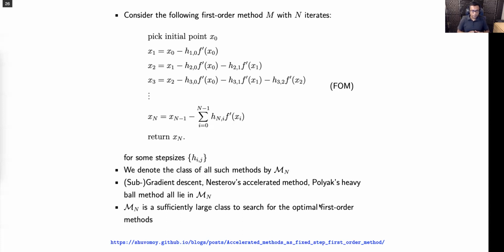Again, for many setups, such as a strongly convex smooth setup, smooth non-convex setup, and so on, MN is often considered a sufficiently large class to search for the optimal first order method. What does that mean? It means that there could be some optimal first order method outside this class, but MN is sufficiently large that you can find one optimal first order method with the same convergence rate within MN.